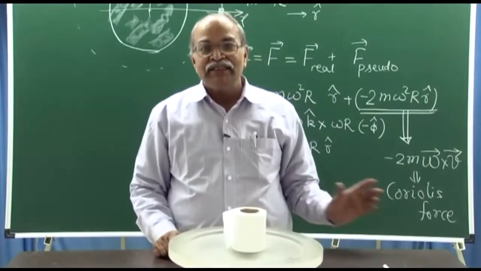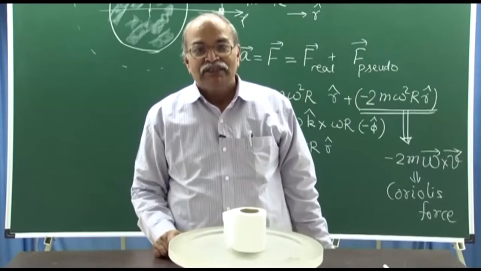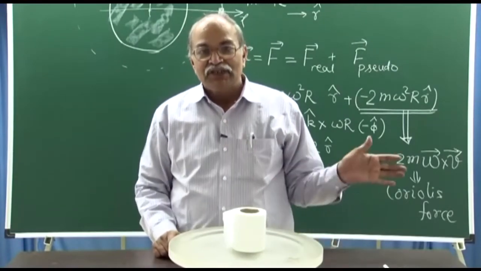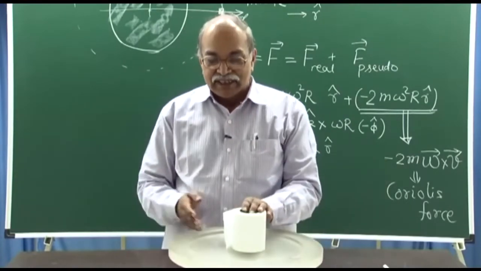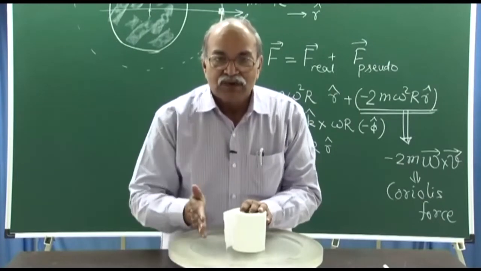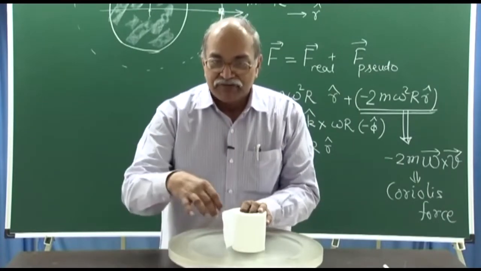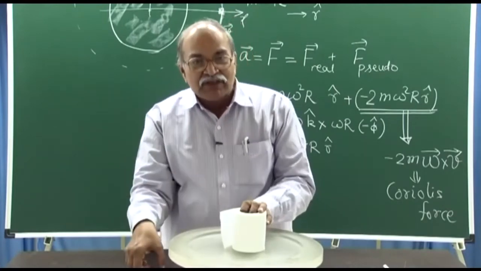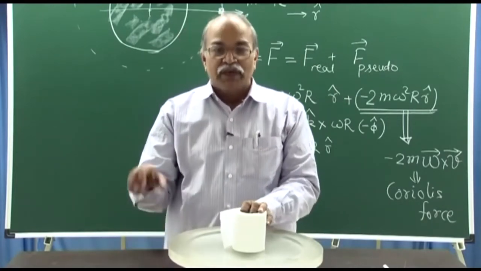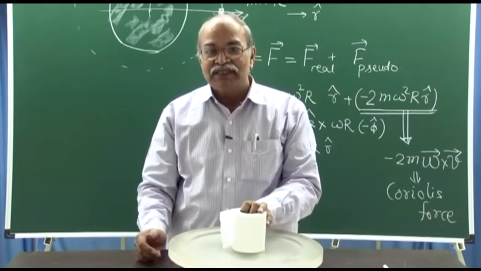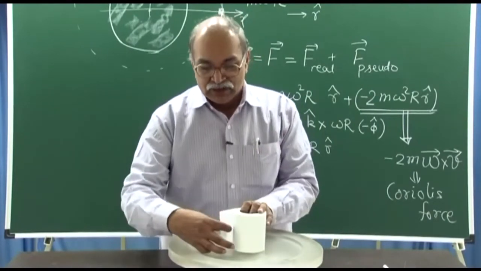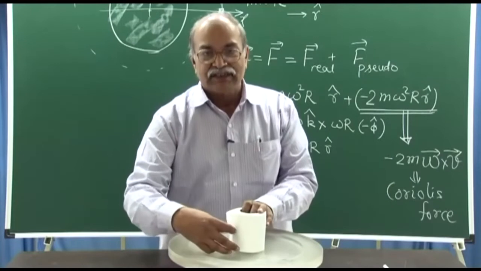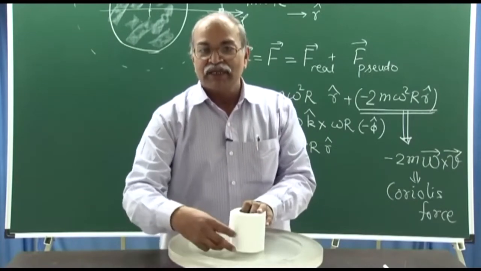And then again this minus 2m omega cross V Coriolis force acts, and that force is towards this direction. If radially outward velocity and angular velocity vector downward, work out what is minus omega cross V, it is in this direction. So, the force is like this and it does not open up.